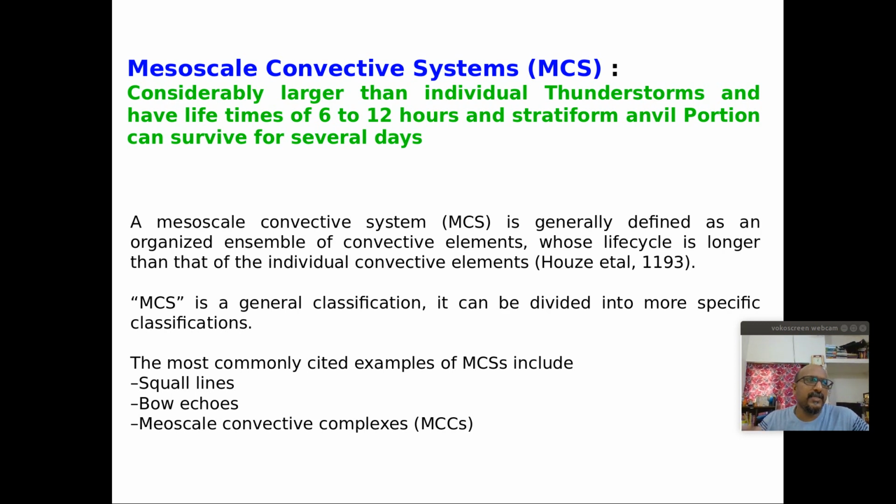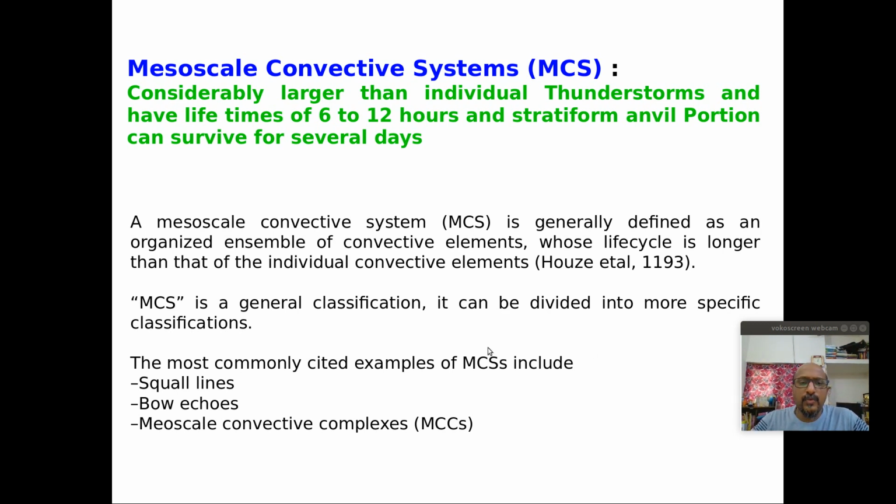This type of feature is mostly evident in satellite observations, because satellite observation covers a very large area. Mesoscale convective systems are very common in the equatorial belt, in the tropical region.